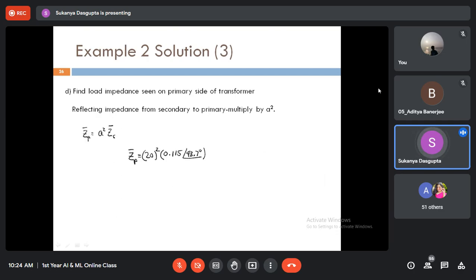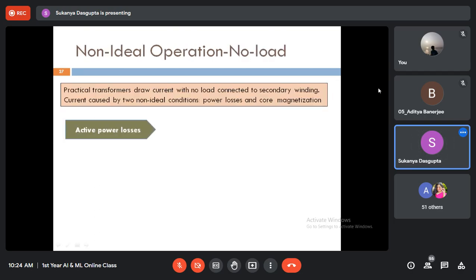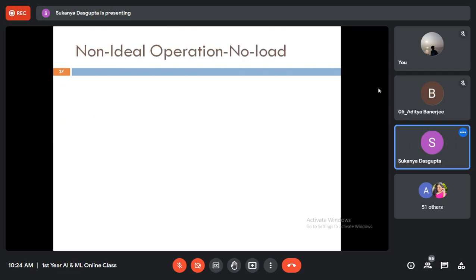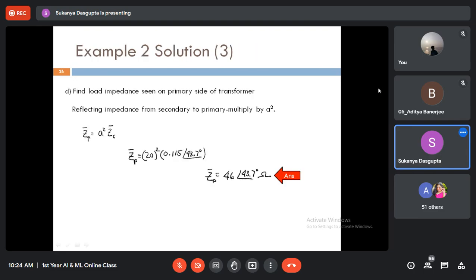We'll just multiply it with square of turns ratio, A square into Zs. So we'll multiply the secondary impedance Zs, that is 0.115 angle 43.7, by the square of the turns ratio.